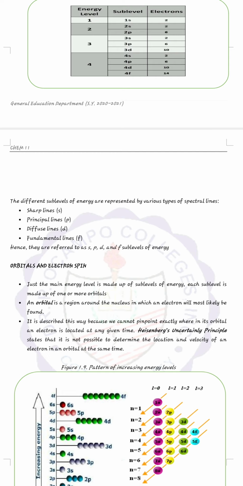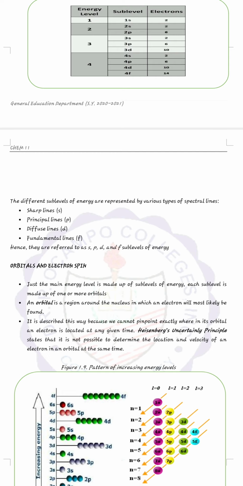Again, the number of electrons for S, sharp lines, is 2. For P, principal lines, is 6. For D, diffuse lines, is 10. And for F, fundamental lines, is 14.